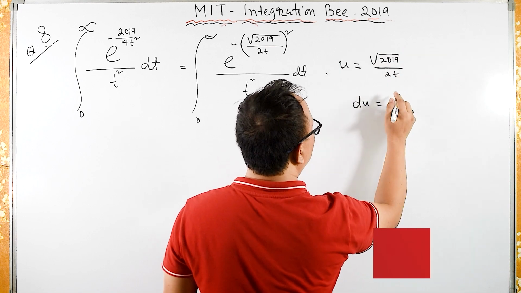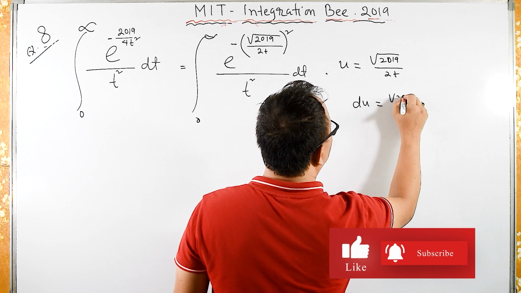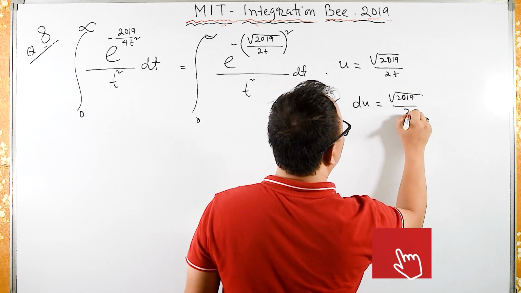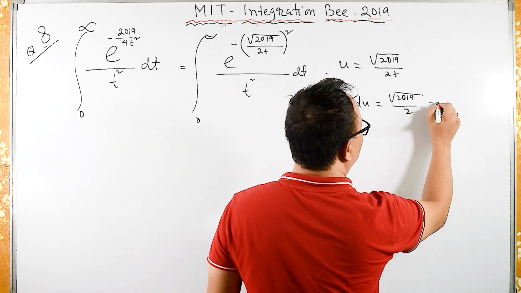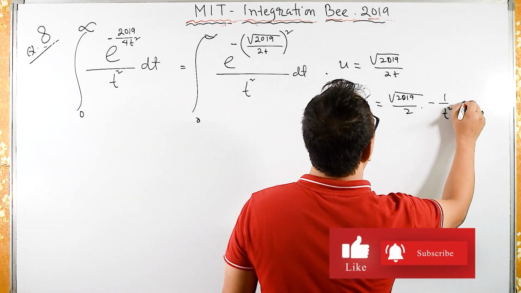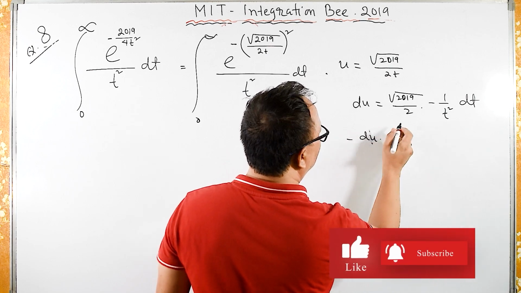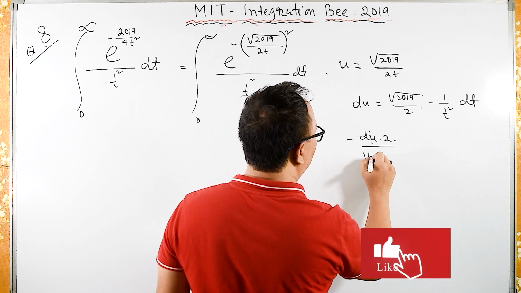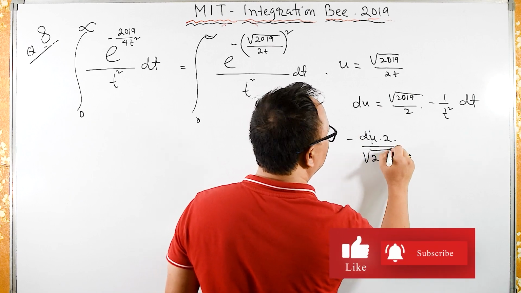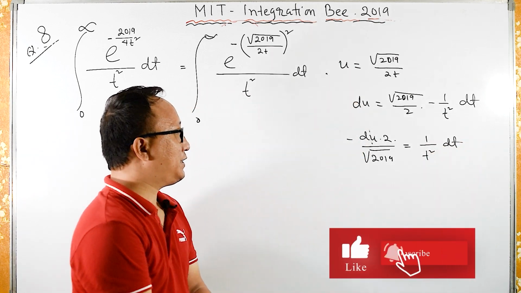This is constant, and 2 is also constant, the square root of 2019 upon 2 is constant, and 1 by t differentiation is minus 1 upon t square into dt. So minus du into twice, and this I will send down, the square root of 2019, equals 1 by t square dt. Let's check once again.